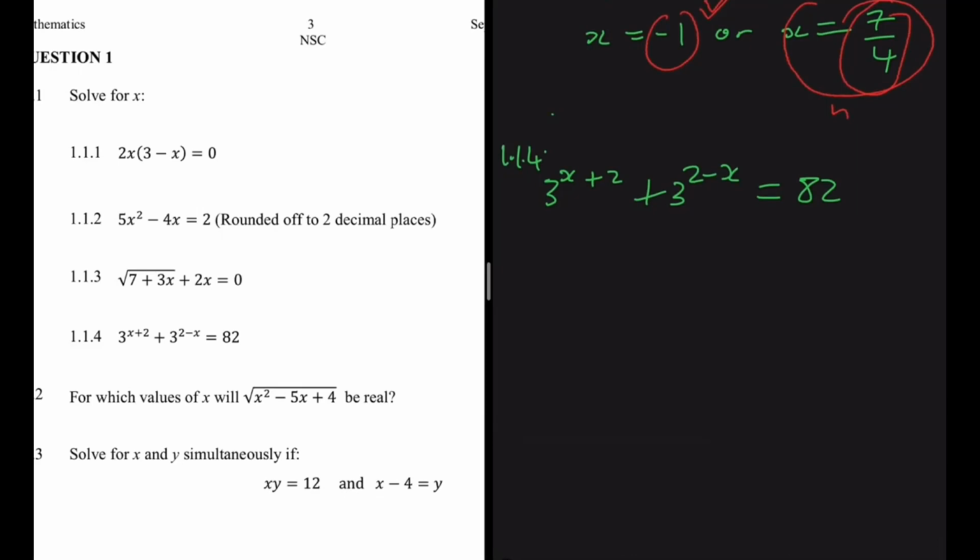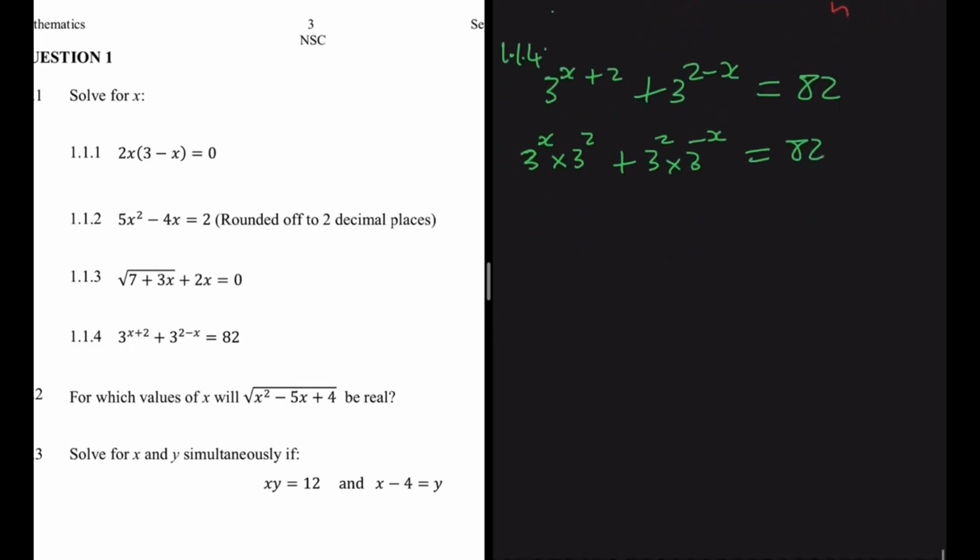So 3 to the power x plus 2 is the same as 3 to the x multiplied by 3 to the power of 2, right? And then here we have 3 to the power of 2 multiplied by 3 to the minus x being equal to 82.